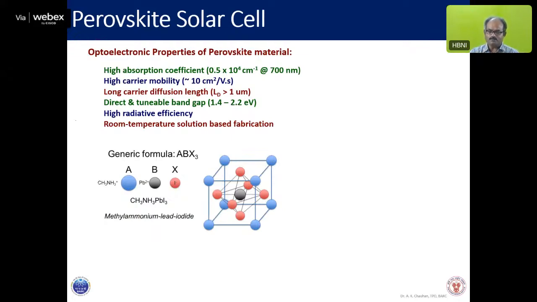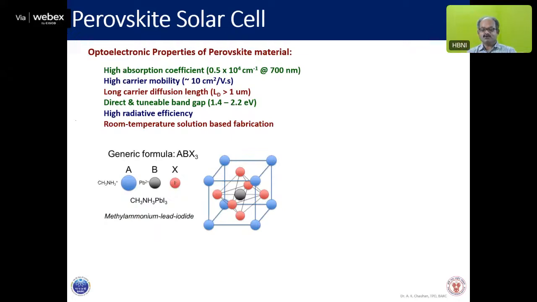In place of dye, suppose I use a perovskite material. Not all perovskite materials, but certain ones; it is by chance that this perovskite material suits all these things. Because we are using that perovskite material, we call these solar cells perovskite solar cells.